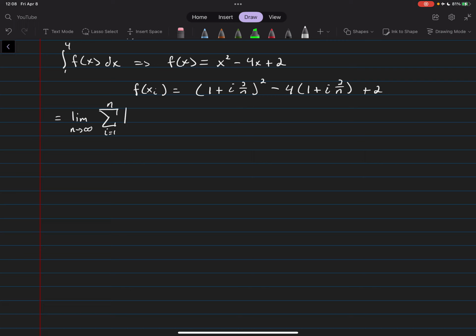And now everything is going to go in. We're going to open up a big bracket here, and we're going to put in our f of x sub i. So I can just copy and paste this in.